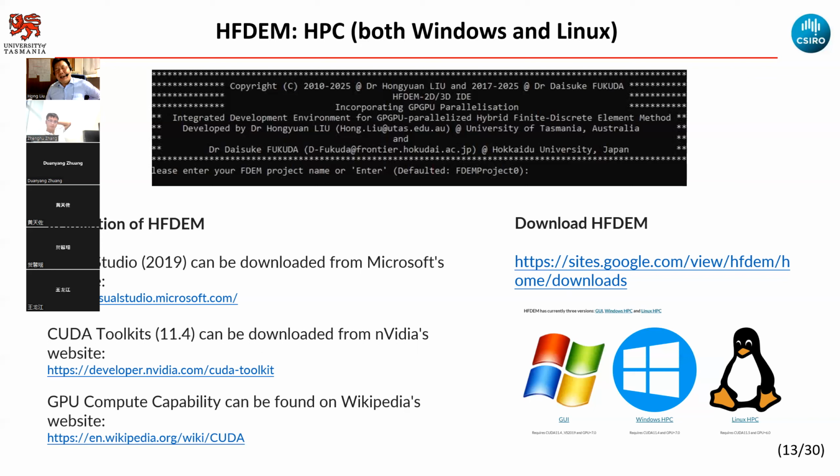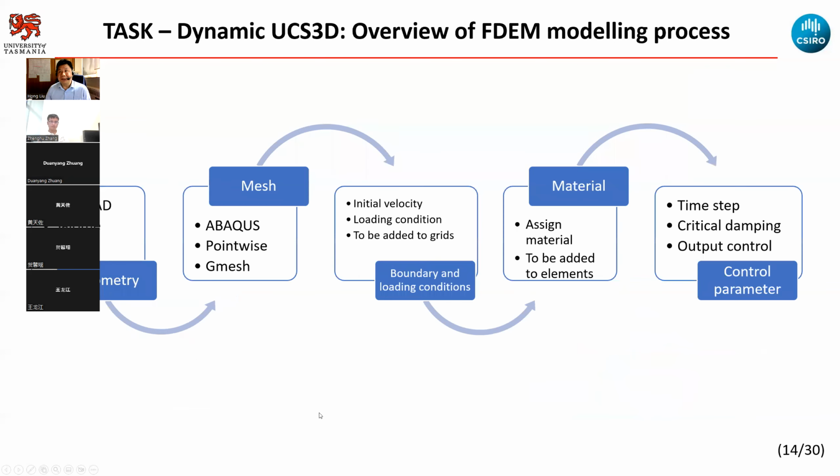Actually, it's a GUI version, but since 2019 we haven't done any further development. As the calculation models become bigger and bigger, the graphic interface of that version becomes less and less efficient. So for this modeling you need to use the HPC version, either on Linux or Windows.